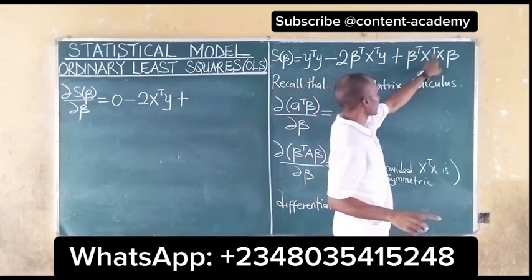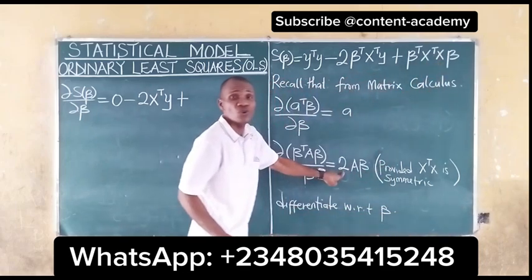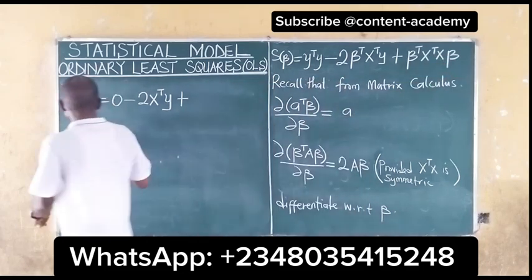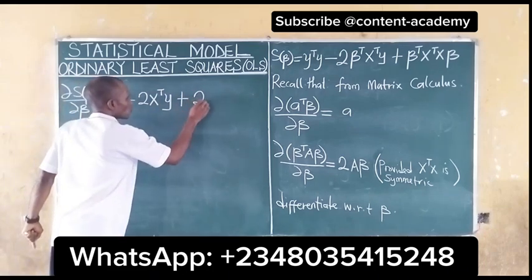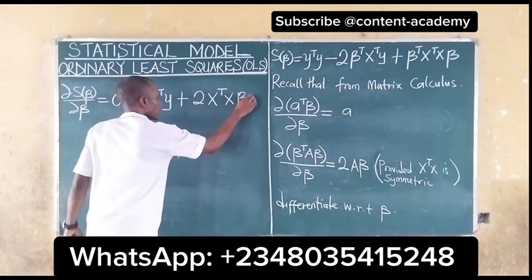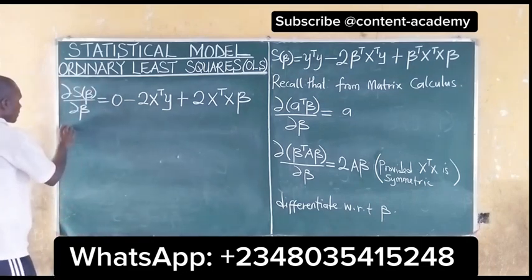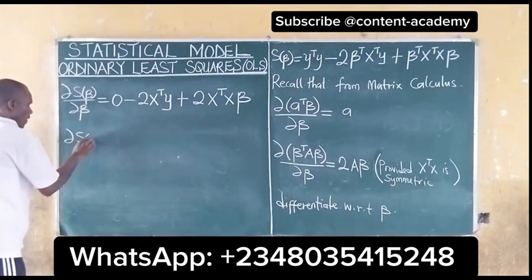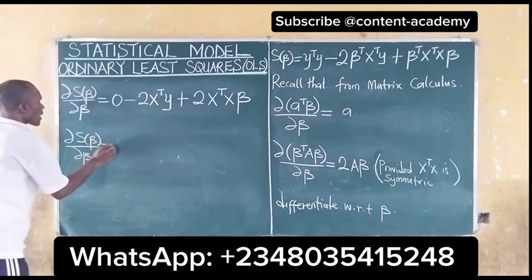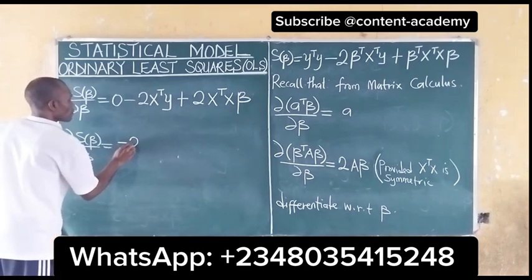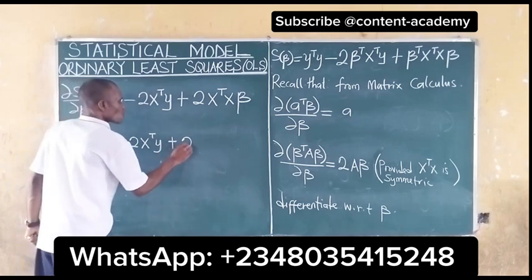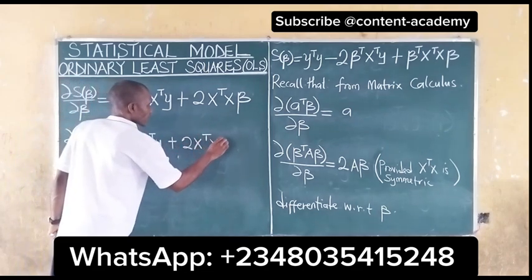So we'll have 2 x transpose x, then B. It then means that the derivative of our sum of square error with respect to B will give us negative 2 x transpose y plus 2 x transpose x, then B.